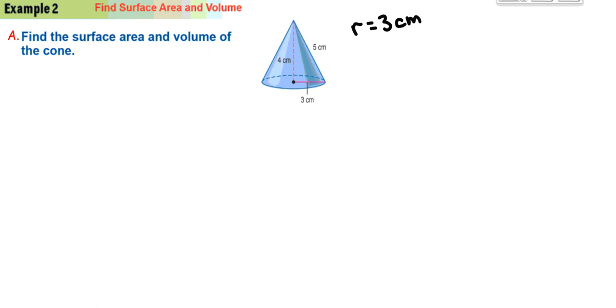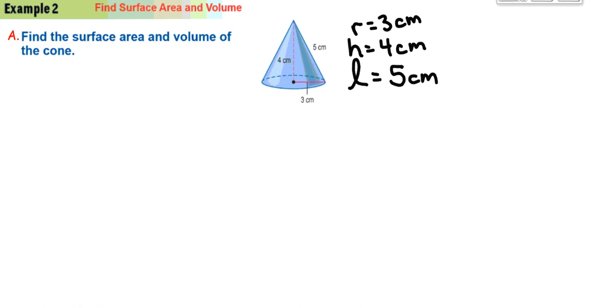The height is actually that one that goes up and down through the middle there. So the height is 4 centimeters. And then this 5 centimeters is called the slant height. So that's L, is 5 centimeters. The slant height is L.